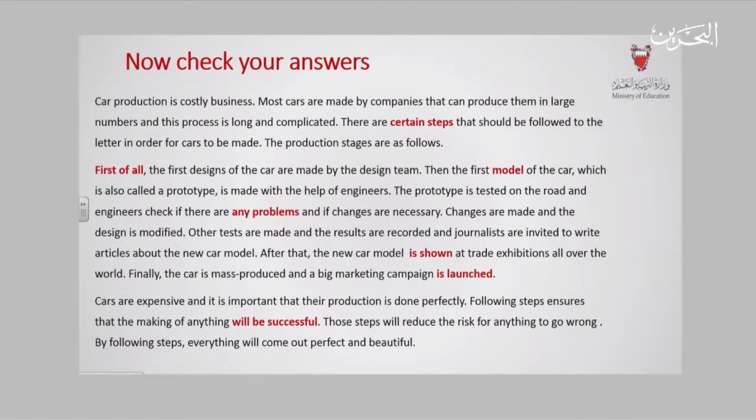Changes are made and the design is modified. Other tests are made and the results are recorded, and journalists are invited to write articles about the new car model. After that, the new car model is shown at trade exhibitions all over the world. Finally, the car is mass produced and a big marketing campaign is launched.